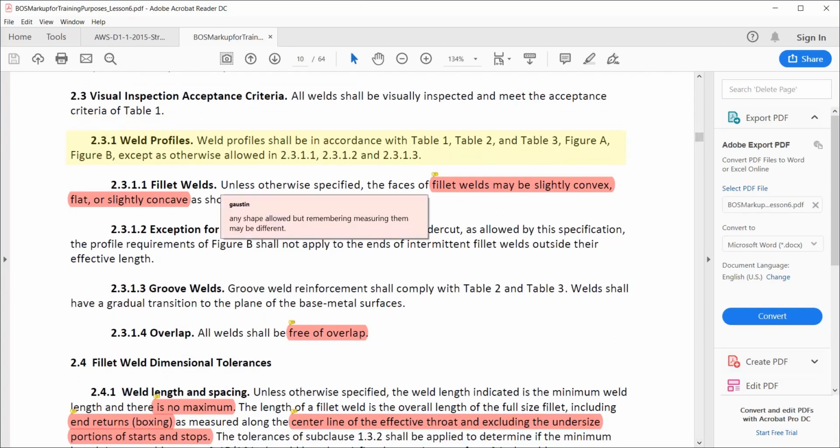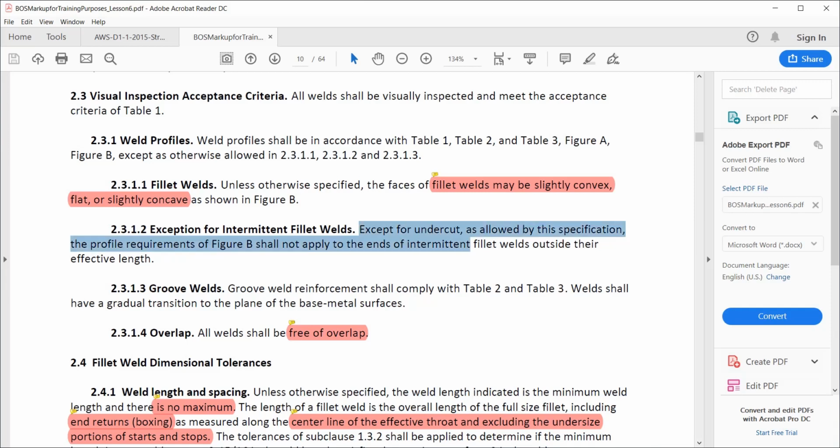Weld profiles shall be in accordance with Table 1, Table 2, Table 3, Figure A, Figure B, except as noted, except as otherwise allowed. So we'll read these unless otherwise specified. Otherwise specified means something else has to address it. The faces of fillet welds may be slightly convex, flat, or slightly concave, as shown in Figure B. Exceptions for intermittent fillet welds, except for undercut, as allowed by this specification.